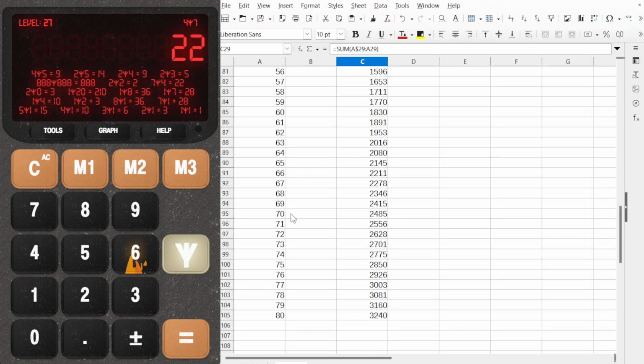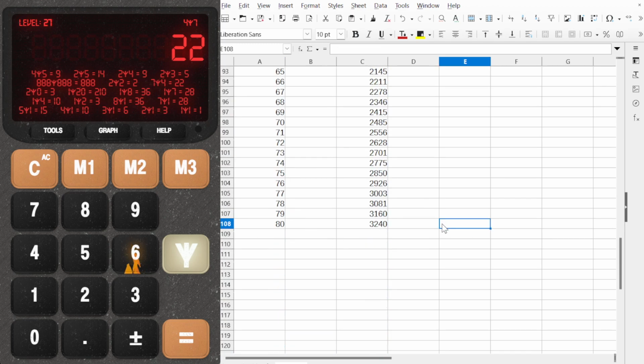Now, what I want to do is not only this one, but I want to do the same thing from here. So I want to write this equals the sum from this, and I will do this in dollar signs, to this, and I will do this once more.